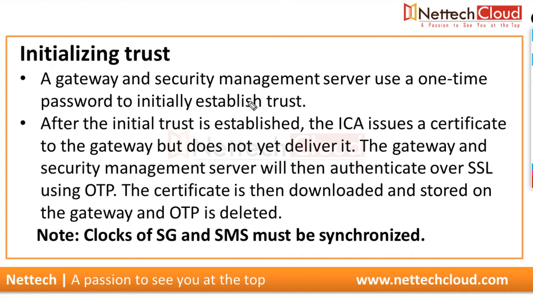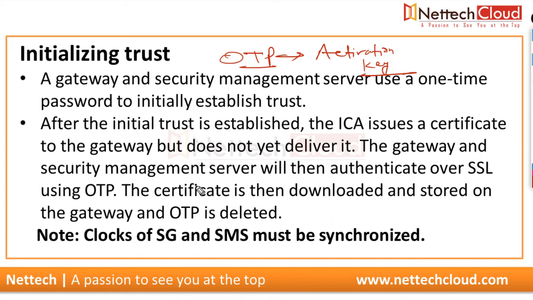Initializing trust, a gateway and security management server use a one-time password. So this one-time password, OTP, is also known as the activation key, right? So OTP is what? Activation key. After the initial trust is established, the ICA issues a certificate to the gateway, but does not yet deliver it.